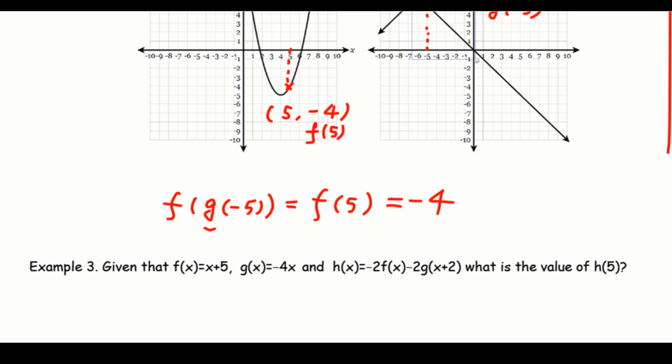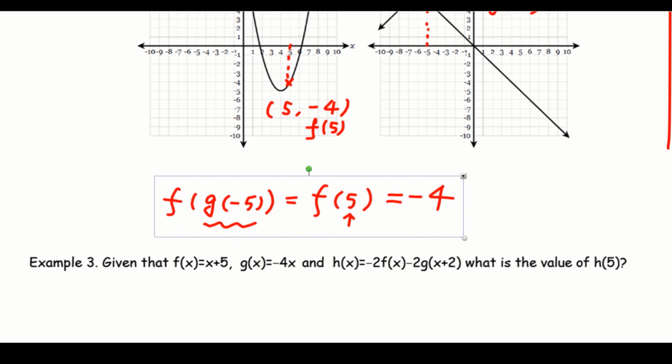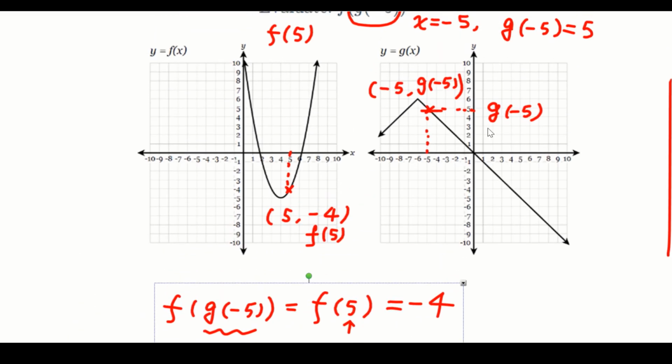So when 2 graphs are given, we find the y value from x equals 5, and that is the input for function f. Then we find -4. And this is our final answer.